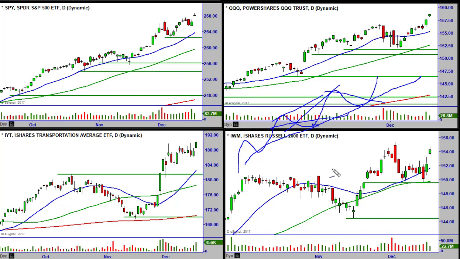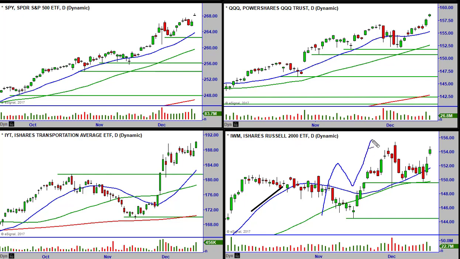What sense does that make? Because if it no longer meets the definition of an uptrend, it's not an uptrend. It broke below the prior low.